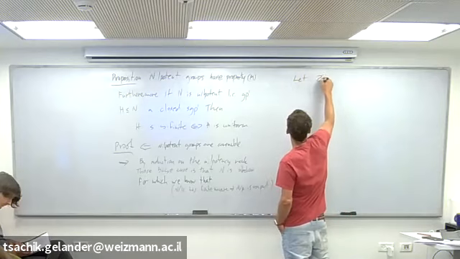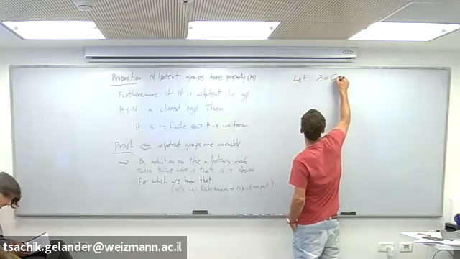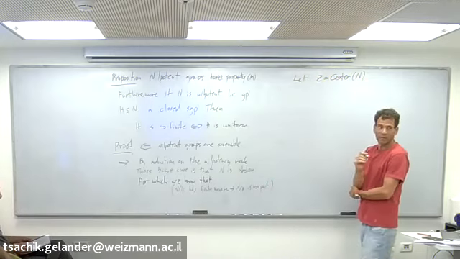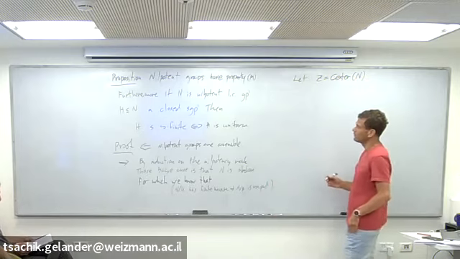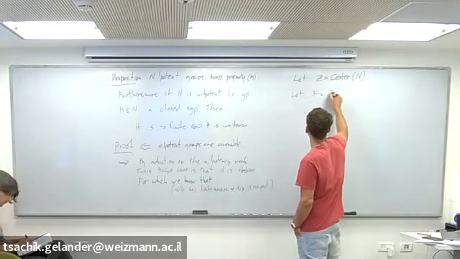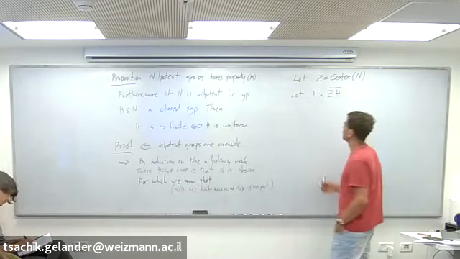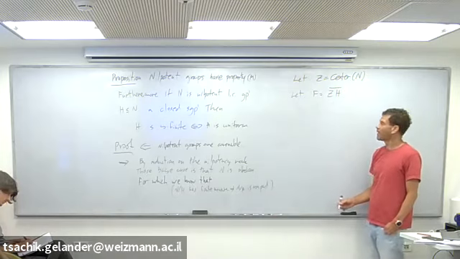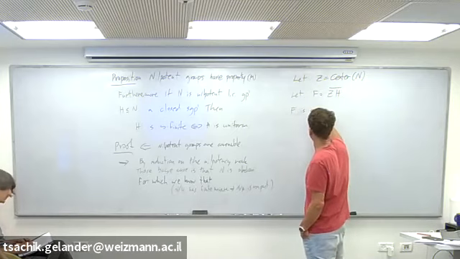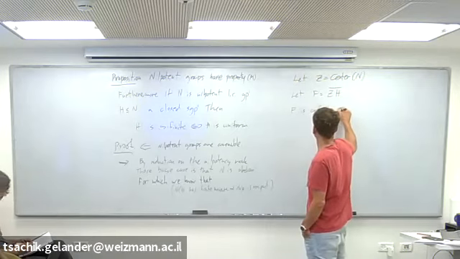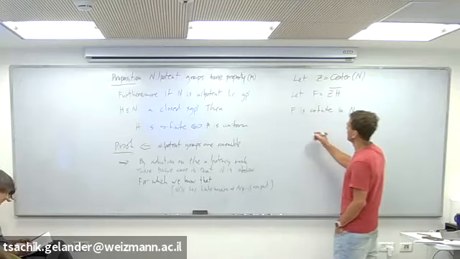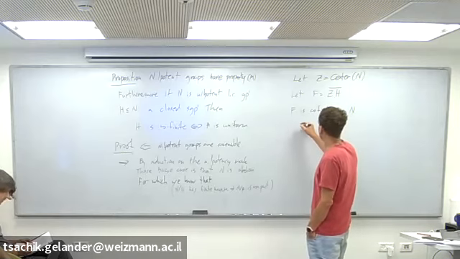Let Z be the center of N. And consider, let F be Z times H. So F is cofinite in N because it contains H, so by the previous lemma. But what is F?